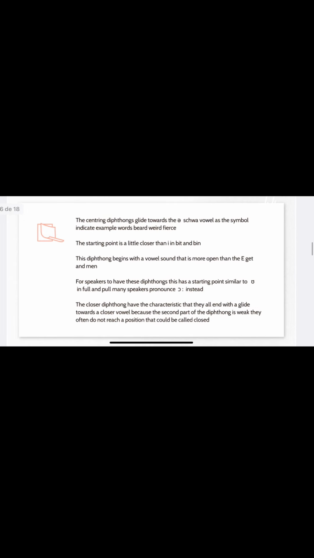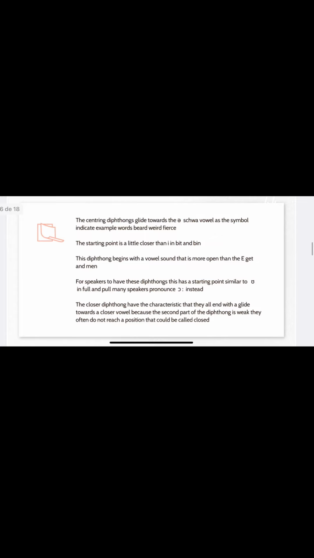The centering diphthongs glide towards the schwa vowel, as the symbol indicates. Example: beard, weird, fierce. Also, the starting point is a little closer than the vowel in beat.